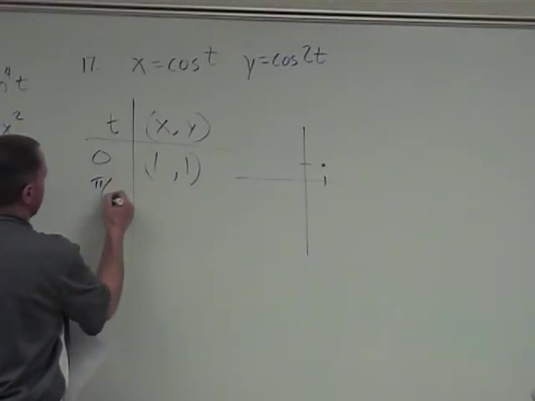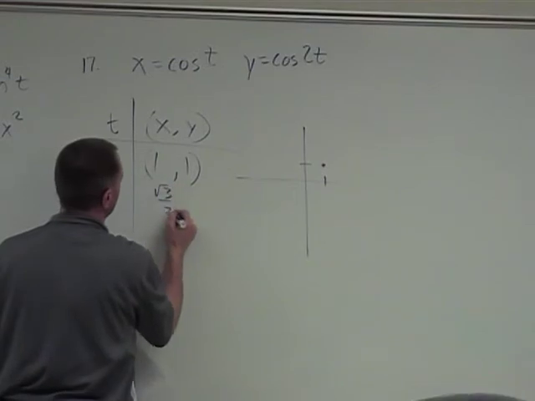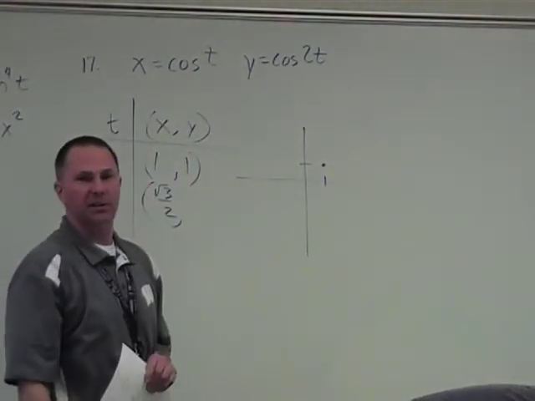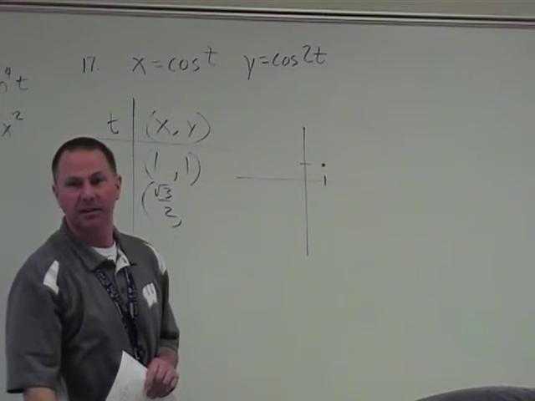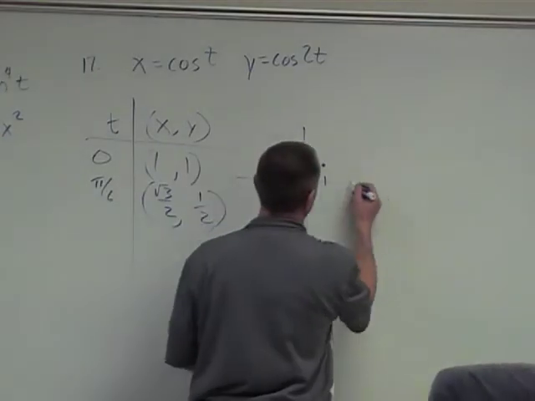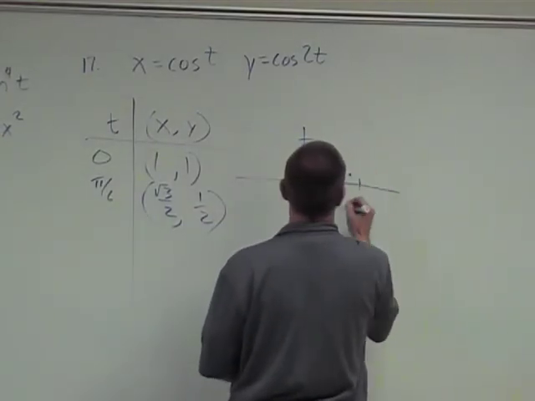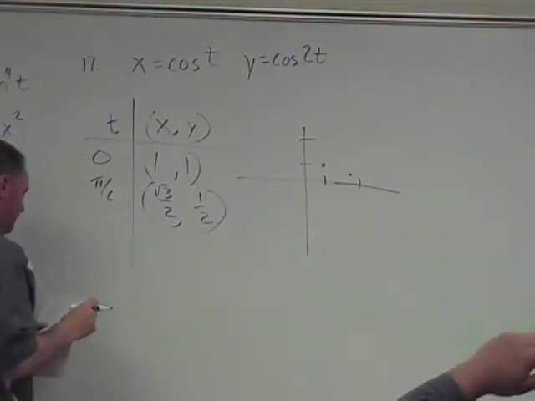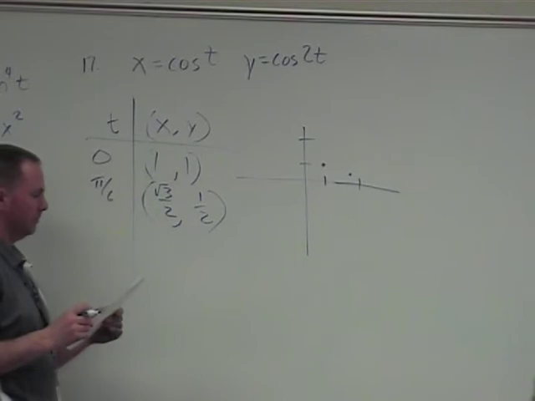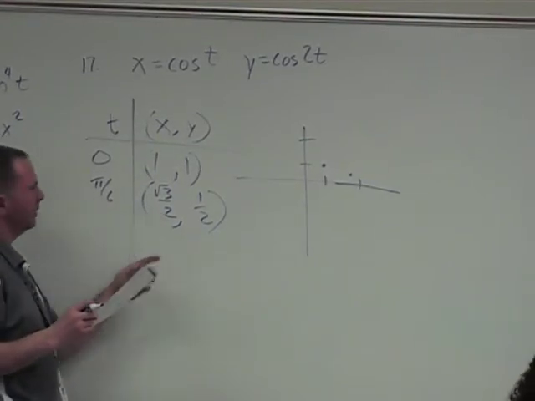Alright, so pi over 6, 30 degrees. 2 times 30 is 60. What's the x value at 60? This is 0.8. At 0.8, we're at 1/2. I think it's 0.8, isn't it? That was right.